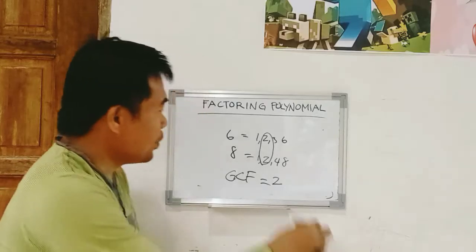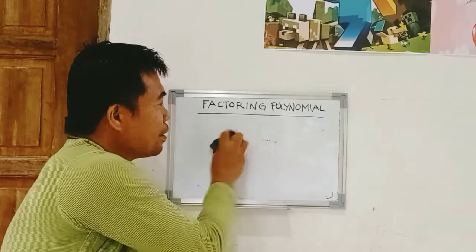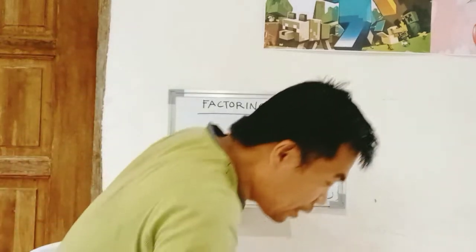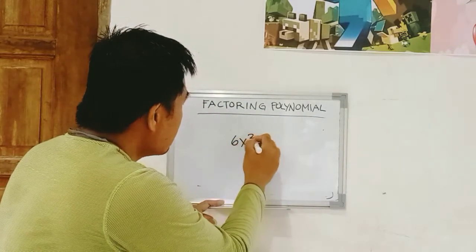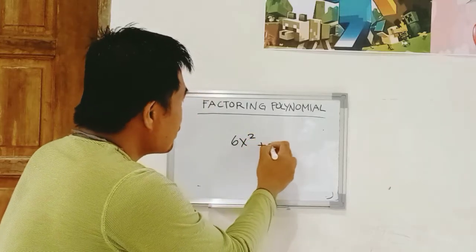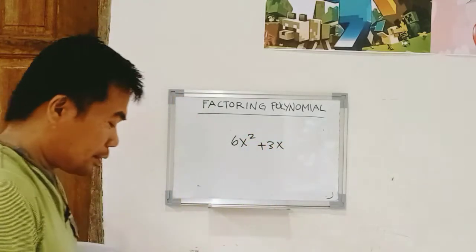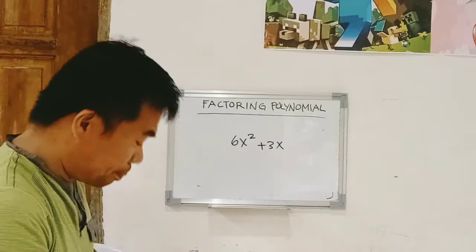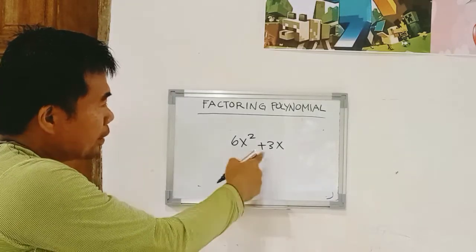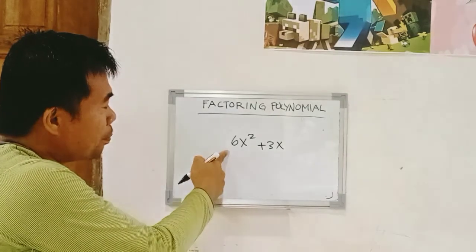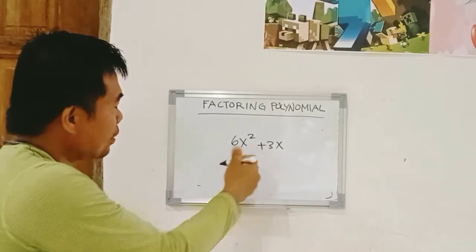So let's start with a basic example. Our first example is 6x squared plus 3x. The first step in factoring a polynomial is taking the coefficients. So the coefficients are 6 and 3.